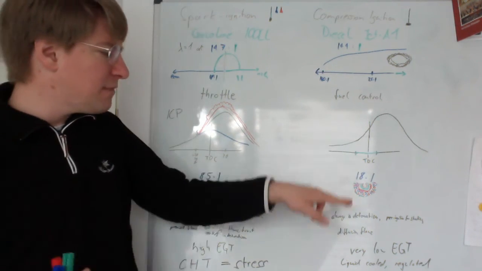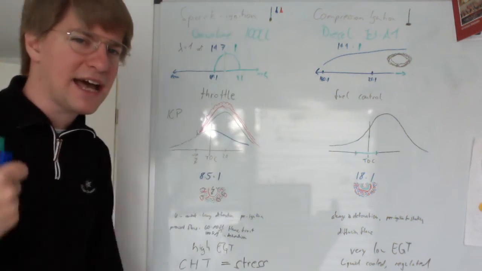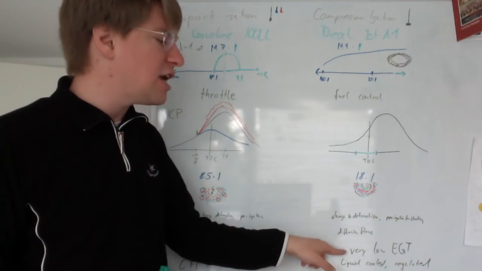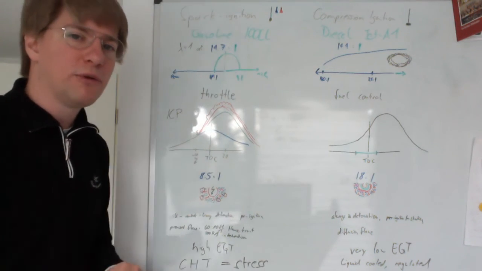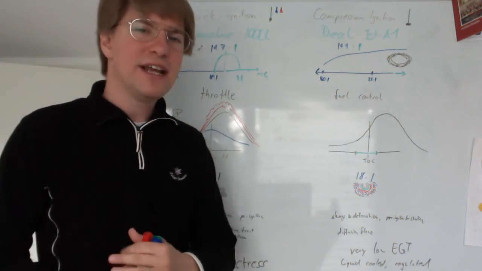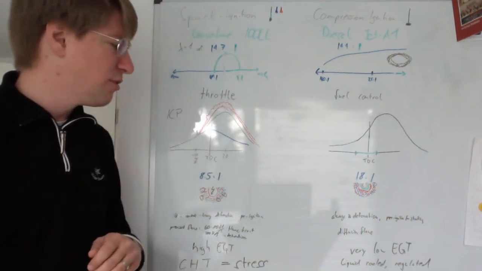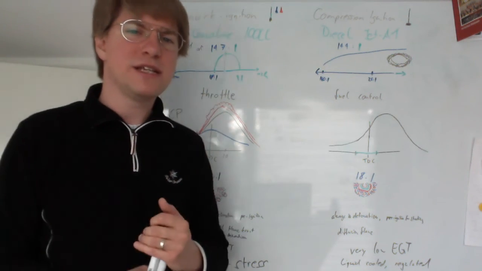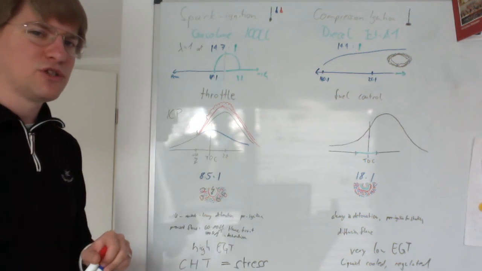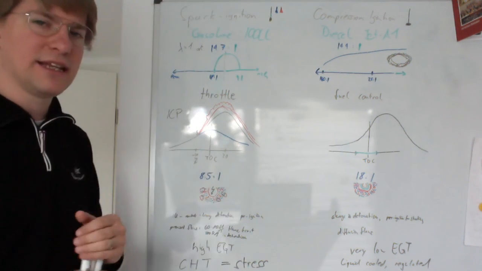So by the time this 18-fold expansion has happened, the EGT is extremely low. What you will find when you fly a DA40 or DA42 with a diesel engine is that the EGT is ridiculously low, like 200 to 300 degrees Celsius, as opposed to 700 to 800 degrees in a gasoline powered engine.